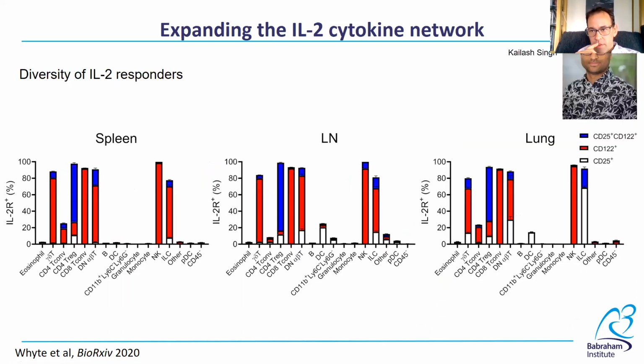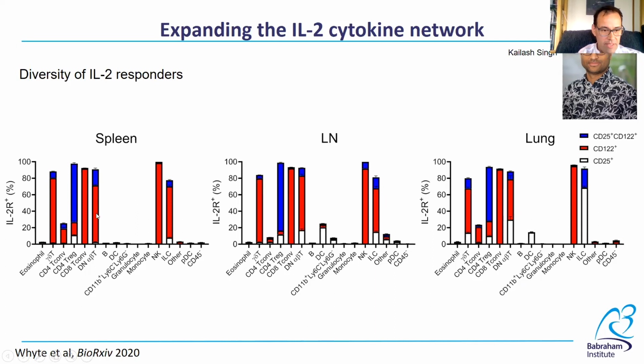We also have some work by Kalish in the lab, who's looking at the diversity of IL-2 responders. Here we've got a stacked chart looking at the high affinity receptor expressors, which is in blue, the intermediate affinity expressors, which are in red, and the low affinity expressors, which are in white.